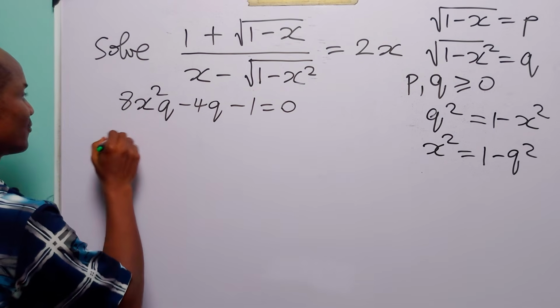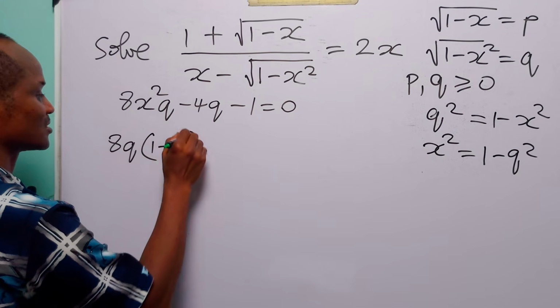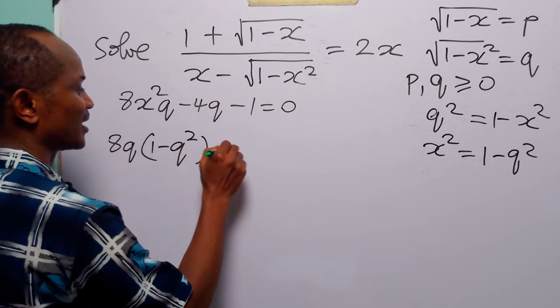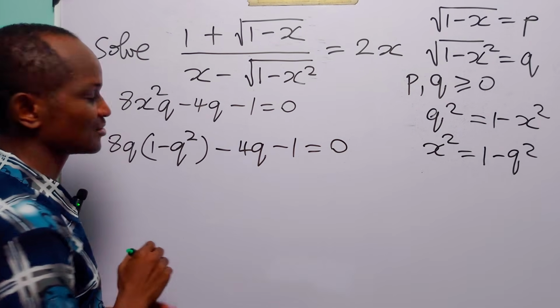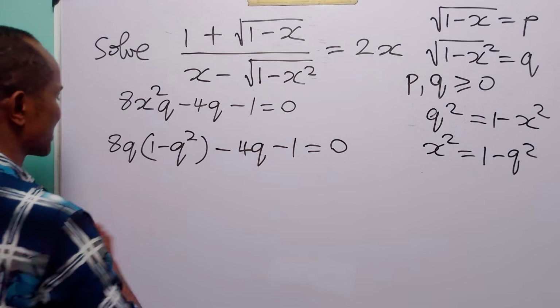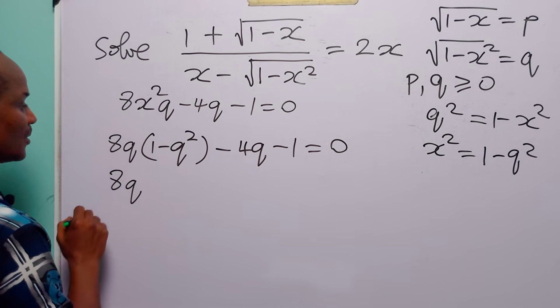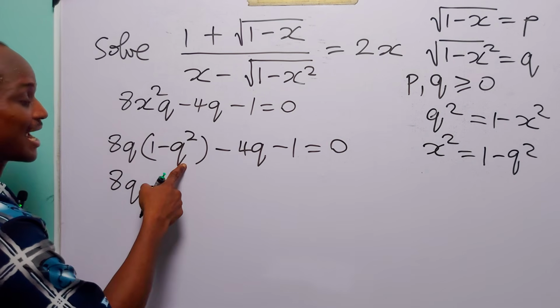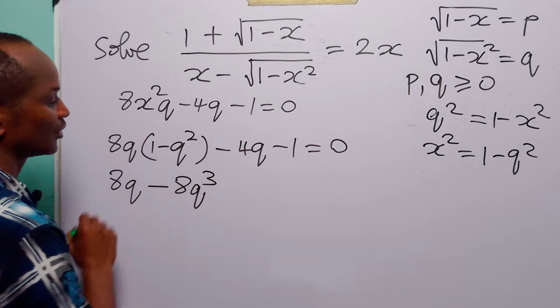When we do that, we have 8q times 1 minus q squared. Then we have minus 4q minus 1, and this is equal to 0. Now, when we expand this, we have 8q times 1, that is 8q, minus 8q times q squared is going to give us 8q cubed.